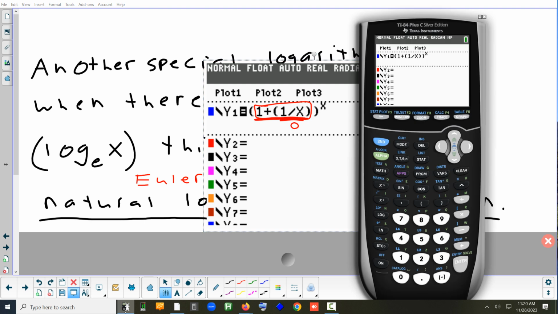So if you graph it, let's hit graph. Do zoom 6. You're going to notice that as you head to the left and to the right, there's a horizontal asymptote. And if you graph E right below it, you'll notice that the horizontal asymptote in that graph is exactly at 2.718.